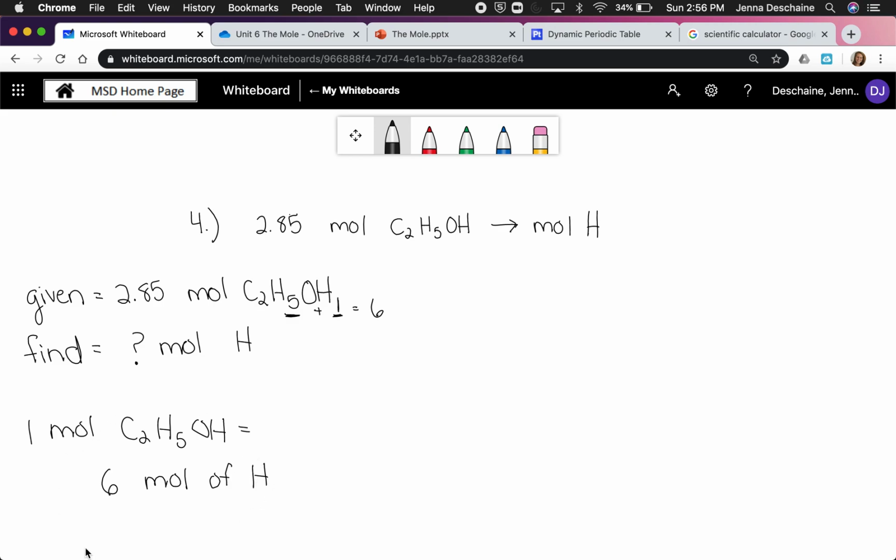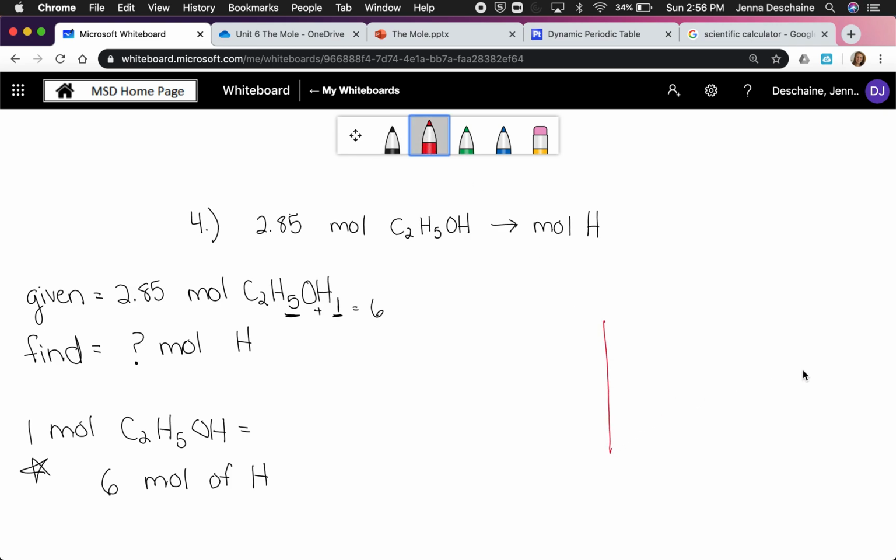Okay? So this is my conversion factor. So 1 mole of the whole is equal to X amount of moles of the part. Okay? And we found that alcohol has 6 moles of hydrogen. Okay? And so this is going to be my conversion factor I'm going to use in this problem.